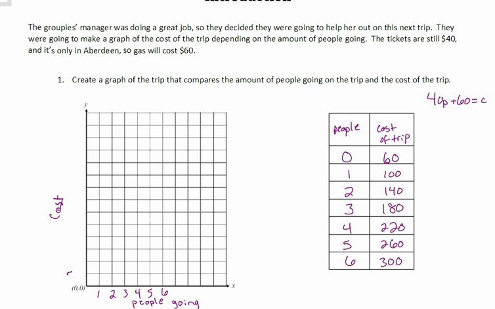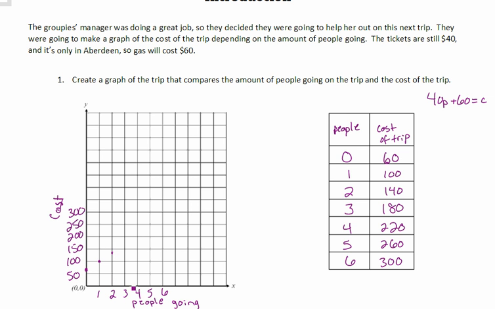Let's go by 50s. Again, probably not the best because when we're trying to plot 0 people going on a trip with 60, we're going to have to just kind of guesstimate. 1 isn't too bad. 2.